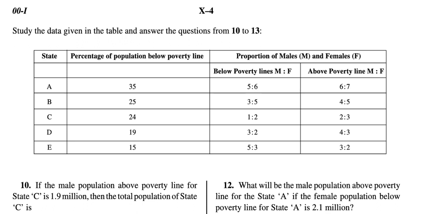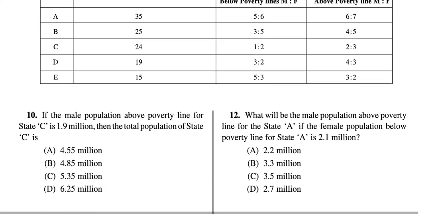Above means at the initial box, that is proportion of males M and females F. Below poverty lines M proportion F. Above poverty line M proportion F. And the proportions are 5, 6, 3, 5, 1, 2, 3, 2, 5, 3, and 6, 7, 4, 5, 2, 3, 4, 3, 3, 2. Now let's jump on to the number 10 question.